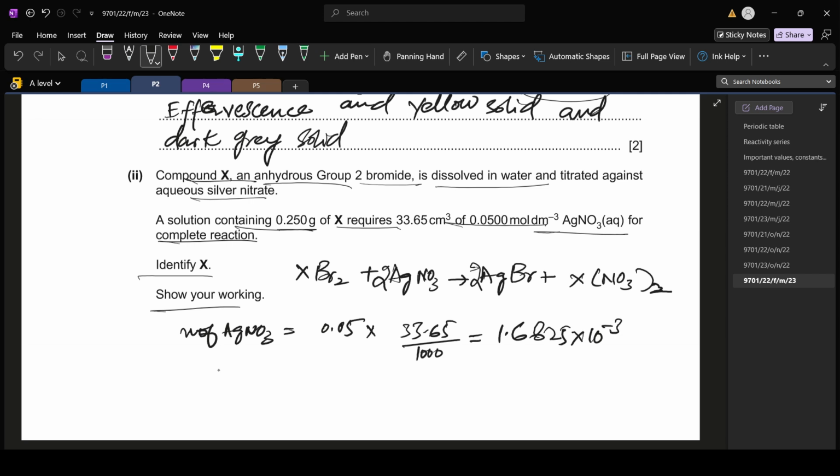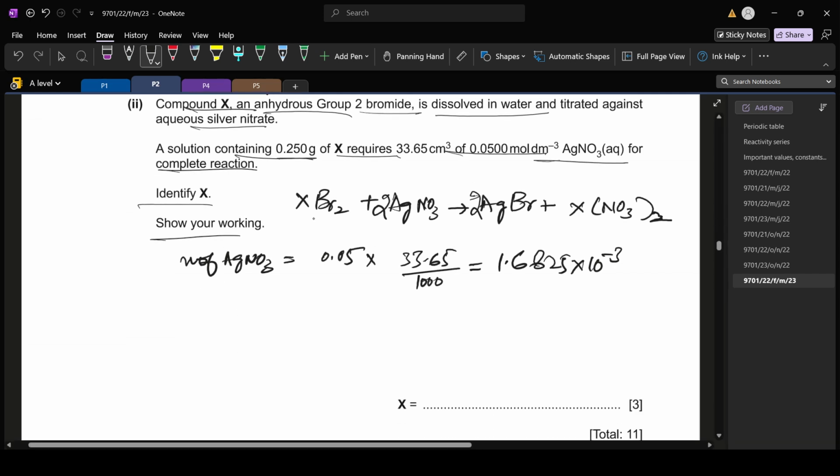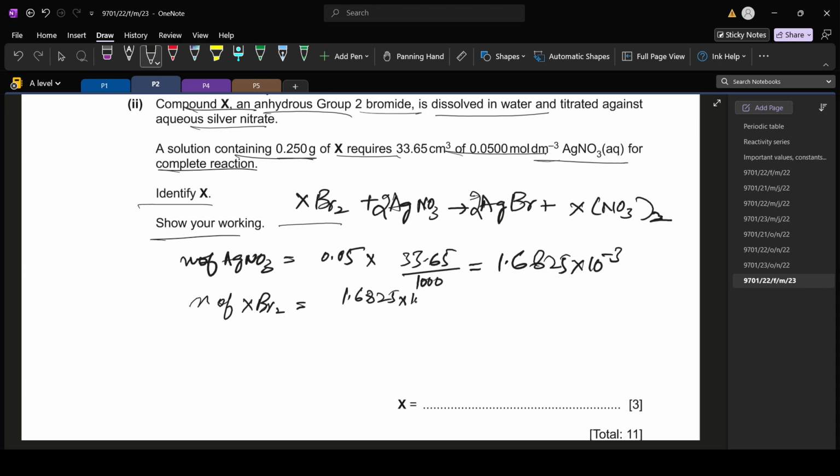Okay, now from the ratio you will find the moles of this bromide. So moles of XBr2 is equal to 1.6825 × 10^-2 divided by 2. So it will form 8.4125 × 10^-4.